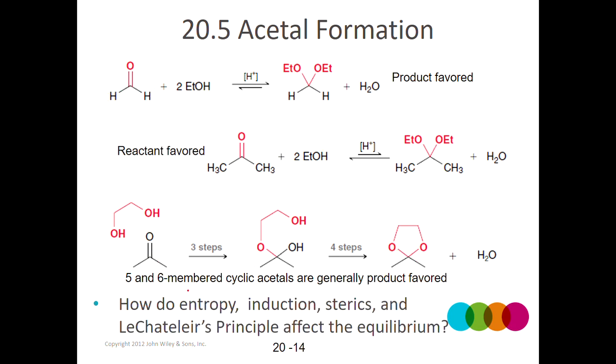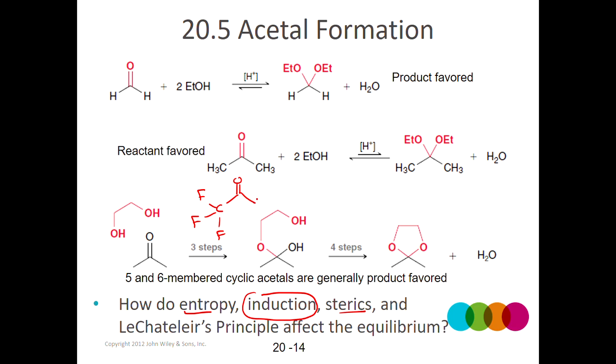So we talked about entropy, we talked about sterics. Let's talk about the other 2 factors. Induction, so that would be, again, if you had on this carbonyl side, maybe something very electronegative, like a CF3 group.